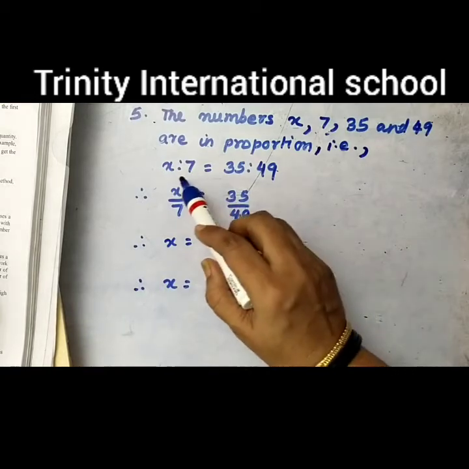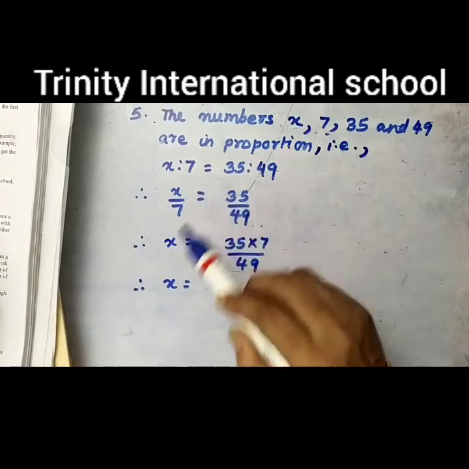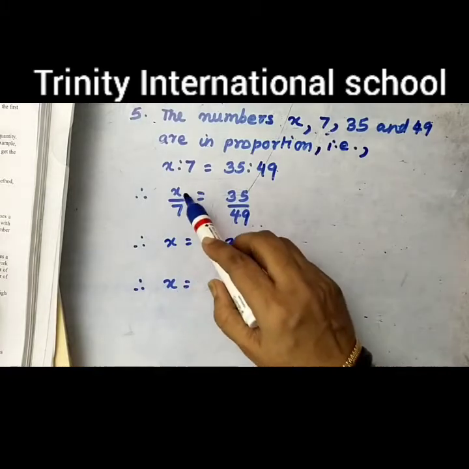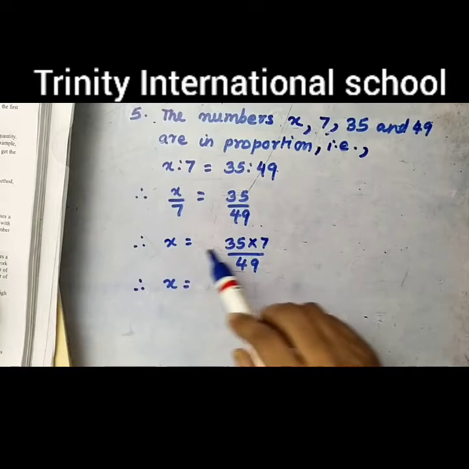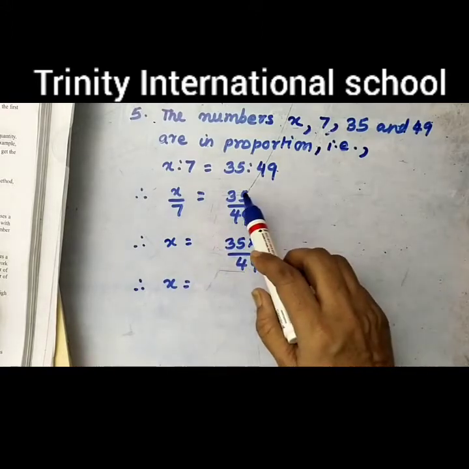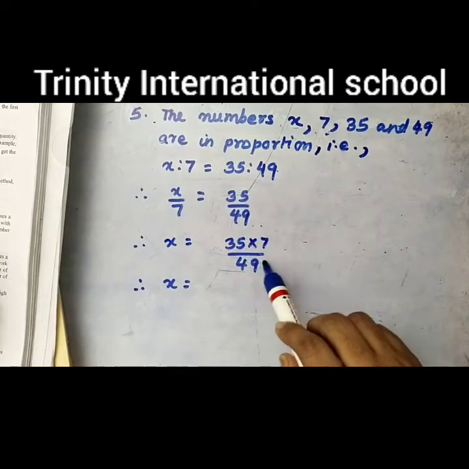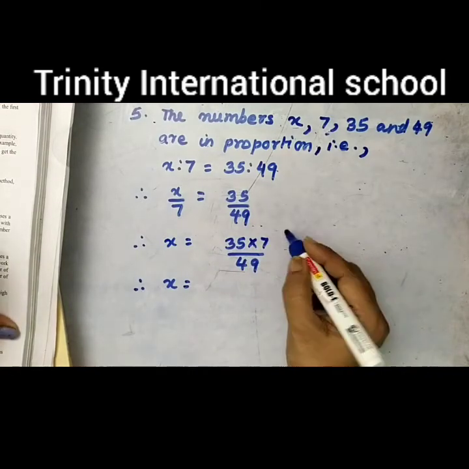And you have to find out your first term. Then for x, again you are going to cross multiply the numbers. So 7 into 35 upon 49. Okay, now let us go for your calculations.